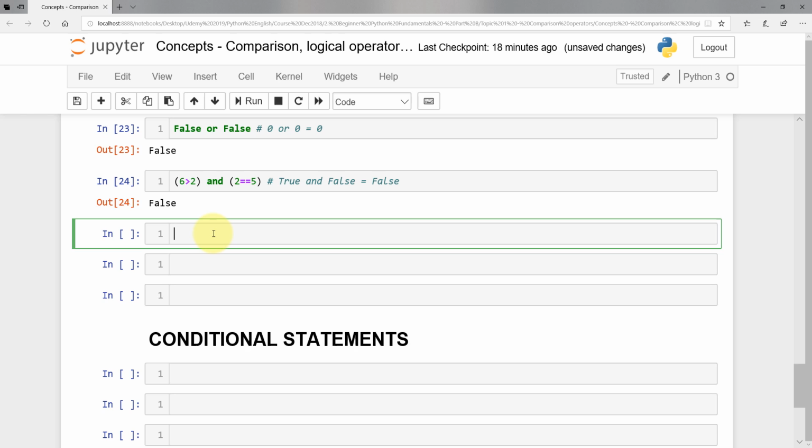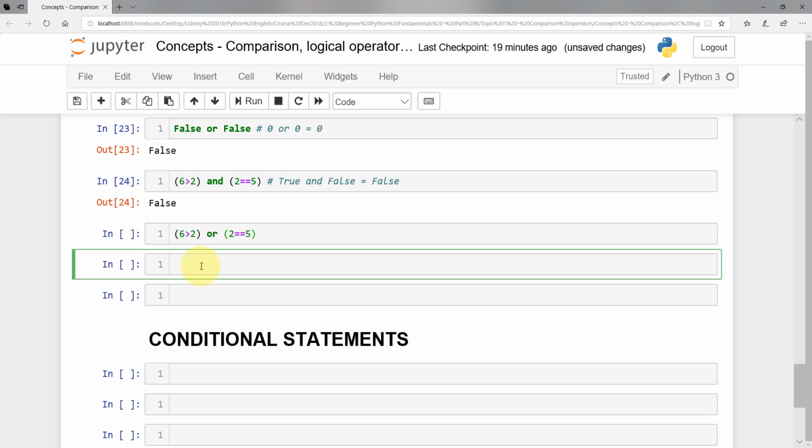Here I'm going to leave you with a quick challenge, okay? I'm going to ask you to evaluate these two conditions. I'm asking, is 6 greater than 2, or is 2 equals 5? And I'm going to have another challenge as well.